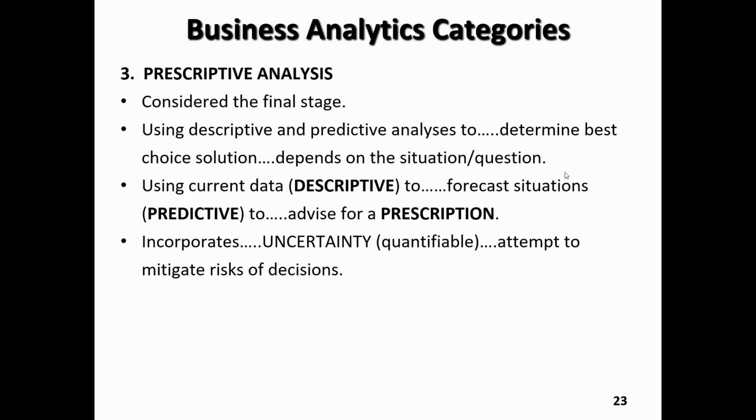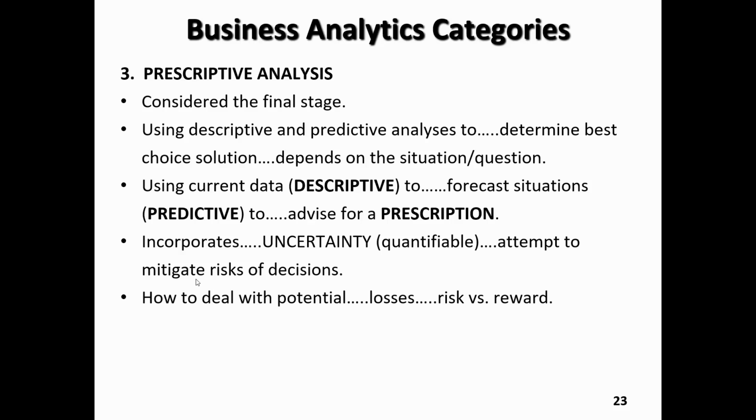Even with the best quality data that is gathered, there's always a degree of uncertainty, and that uncertainty can be quantifiable. And by understanding uncertainty, decision makers will be in a better position to understand the degree of risk of the decisions that they make, and it provides an opportunity to incorporate measures that would mitigate any risks of their decisions.